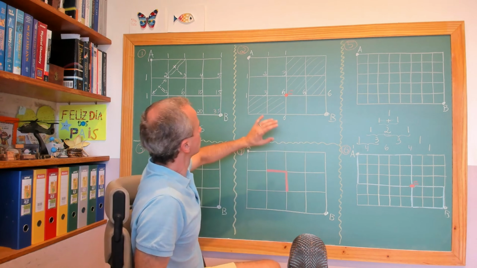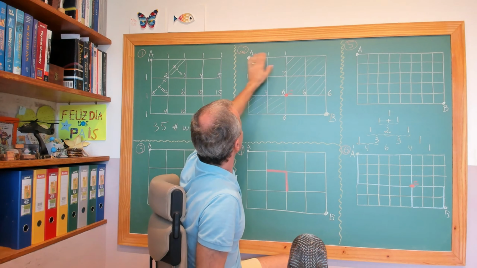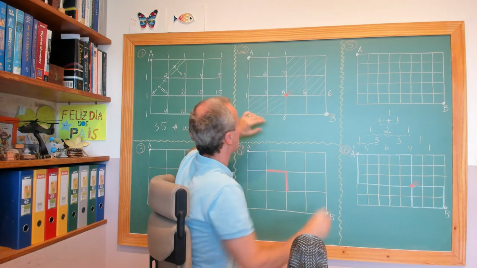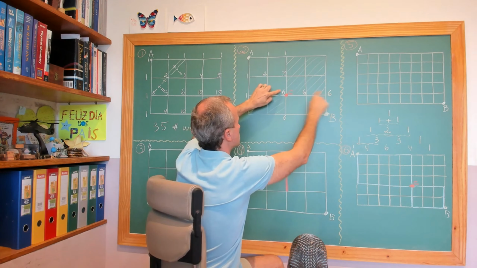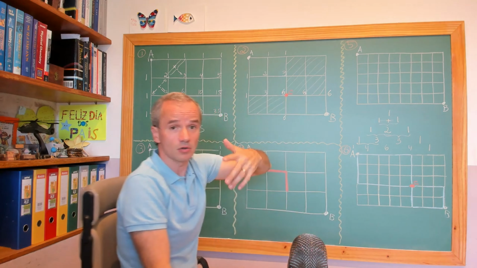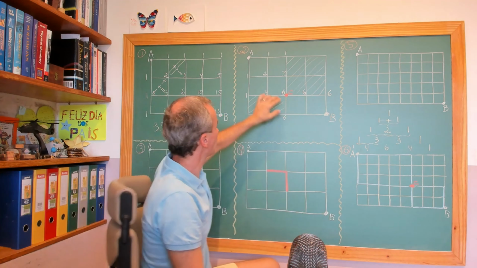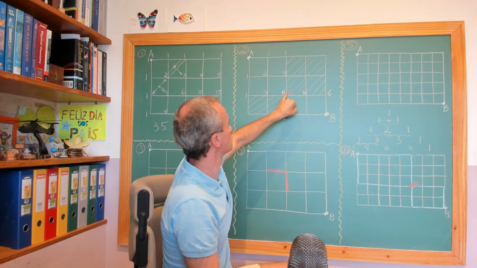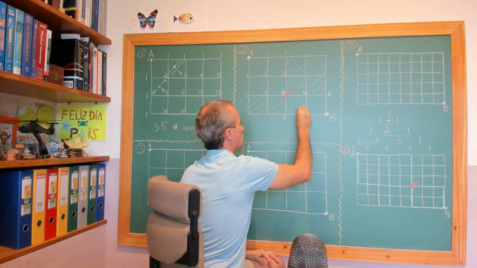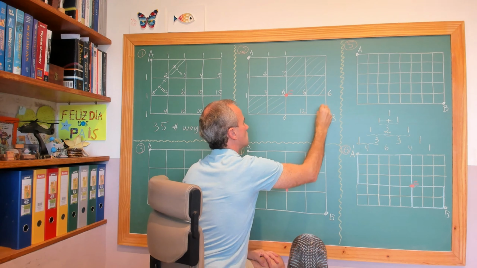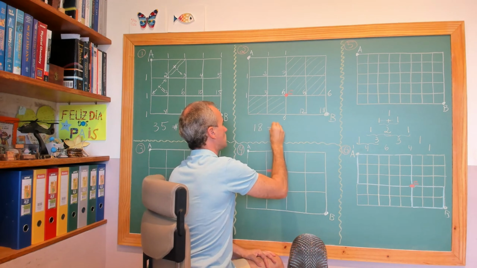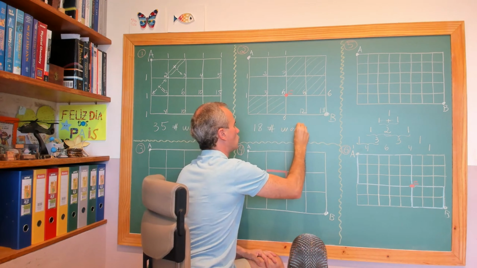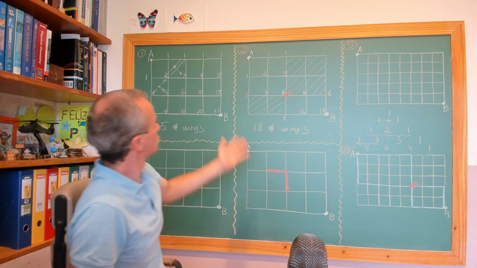So can you see now that where we had 1s on our Pascal triangle, now we have the sides with 6? Of course, the sides of the triangle are always the same as the origin. So 6 and 6, 12, and this is 18. So 18 different ways. Okay, no problems.